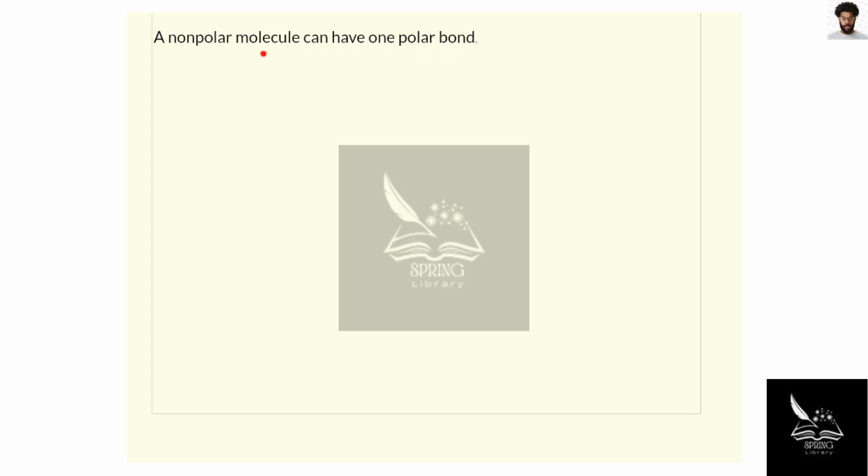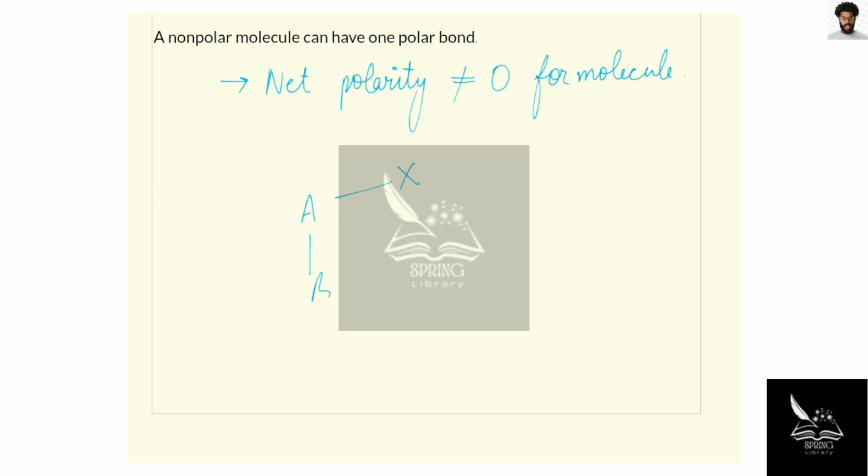As we have discussed before, a non-polar molecule cannot have just one polar bond, because the net polarity will not be 0 for the molecule. Say we have A with one polar bond to X, and other non-polar bonds, A and B. These are not having any polarity, but this one has polarity towards X.